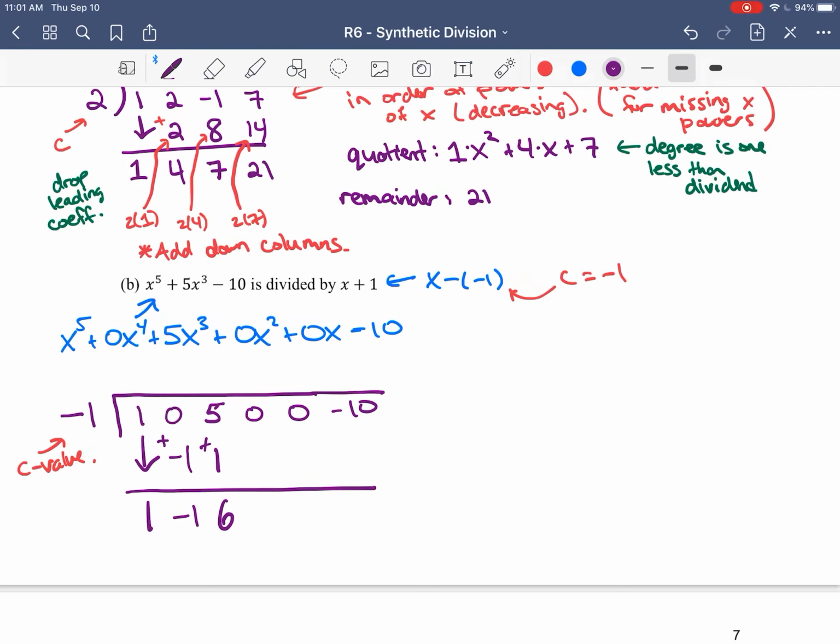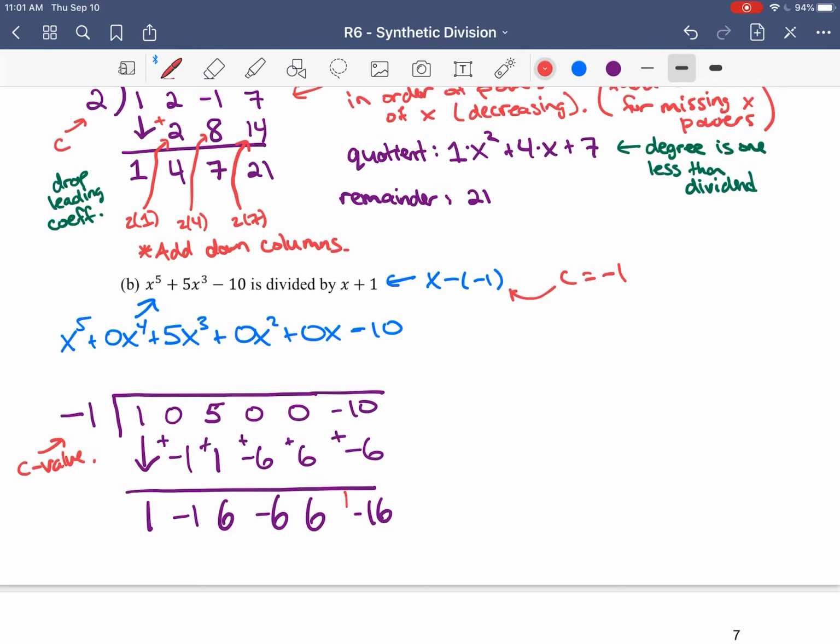Then negative 1 times 6 gives me negative 6. Add that to 0, and that gives me negative 6. Now negative 1 times negative 6 gives me a positive 6. Add that to the 0 above, and I get a positive 6. Negative 1 times 6 is negative 6. Add that to the negative 10 above, and I get negative 16.